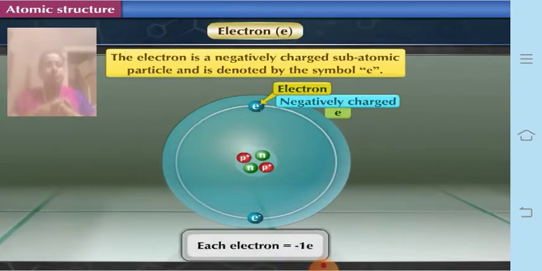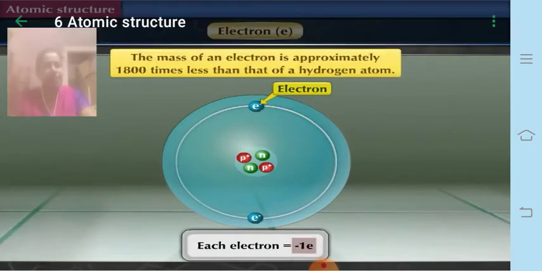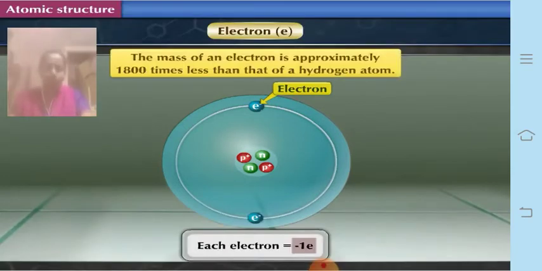Each electron carries 1 unit of negative charge, and I have already told you that 1 unit charge is equal to 1.6 into 10 raised to minus 19 coulomb. So even one electron carries that much charge. See, charge is different and mass is different.